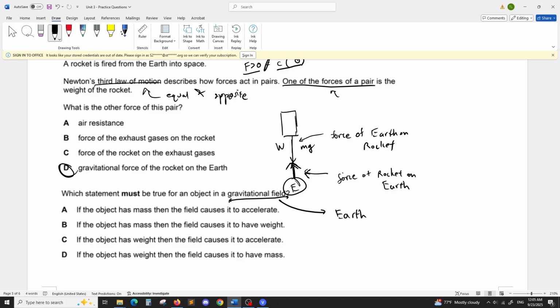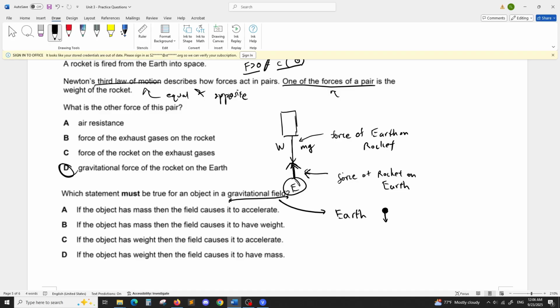So if something exists, then this statement is saying that this thing will accelerate.